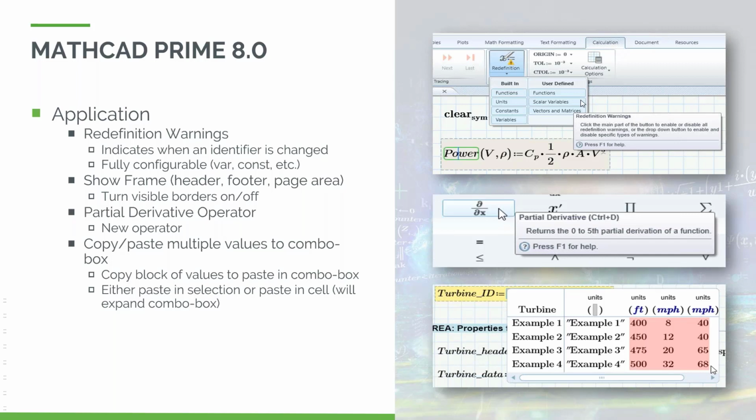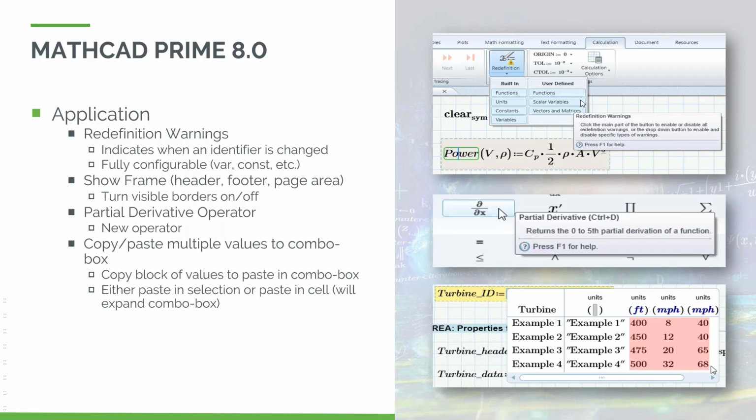These include variables, constants, functions, units. When writing a worksheet, if you reuse an identifier and redefine it to a different value, that identifier will have a green warning frame, and the math region it's in will have a warning annotation indicating the type of redefinition that's occurred. These warnings can be turned off in general or by identifier category.